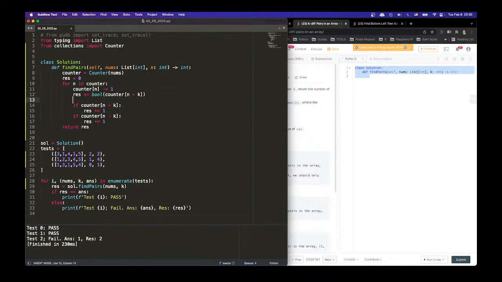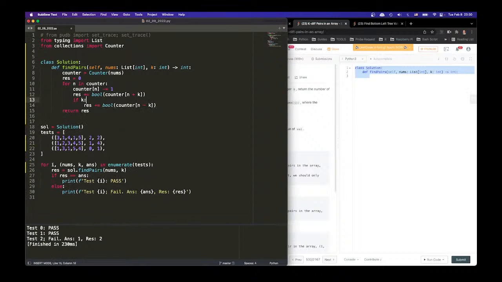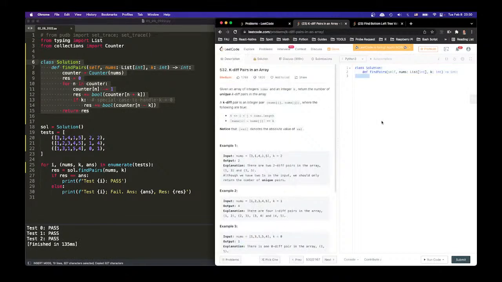We do boolean on this and we say if k, which means k is not equal to 0, then res plus equal to boolean of counter n minus k. So this is a special case to handle k equals 0. Yeah, I think this shall be it.